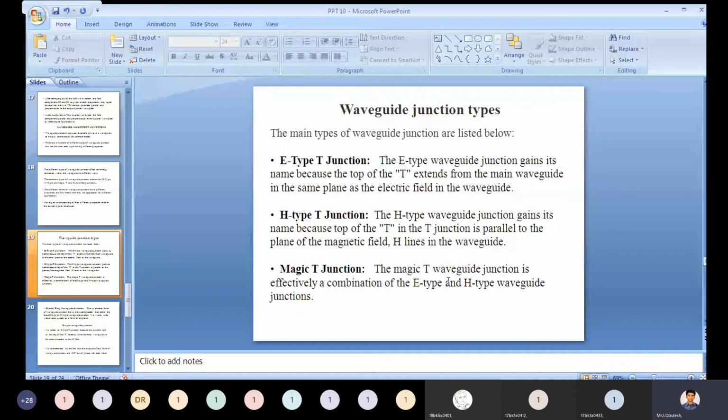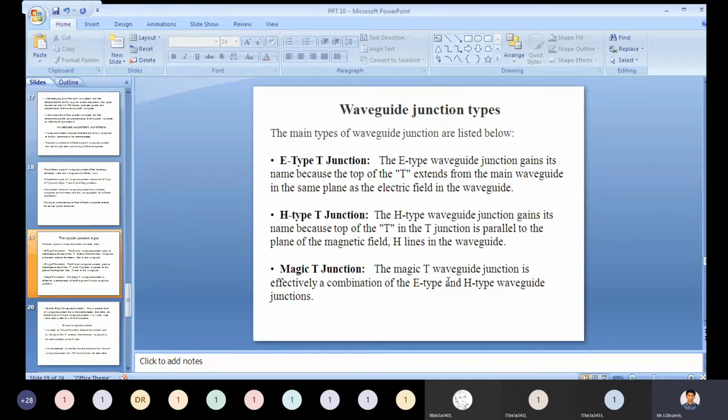Similarly, the H-type waveguide junction gains its name because the top of the T in the T junction is parallel to the plane of the magnetic field. This means H length in the waveguide.